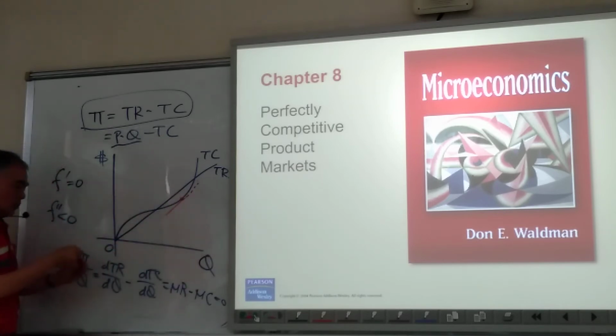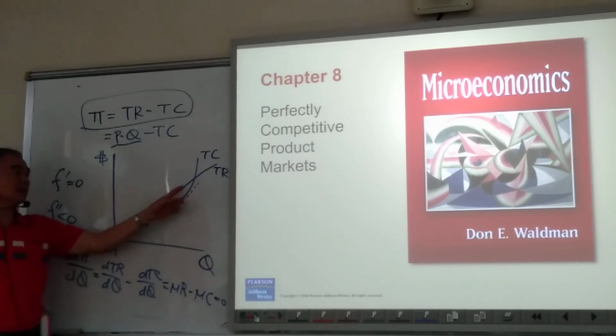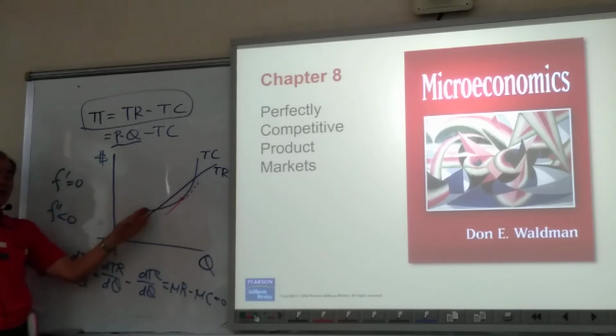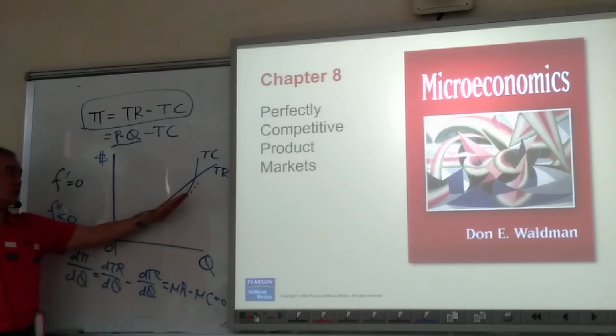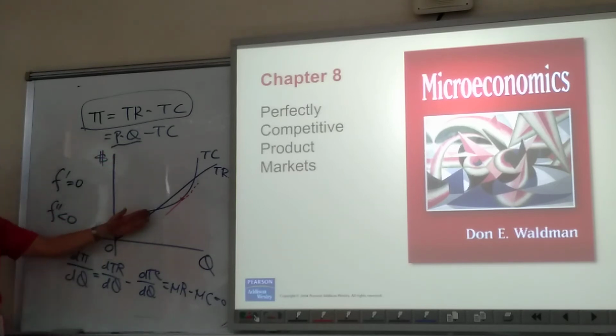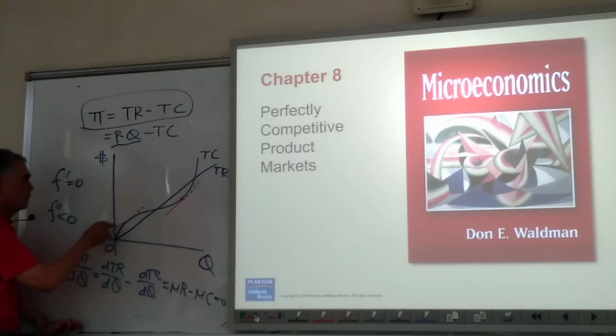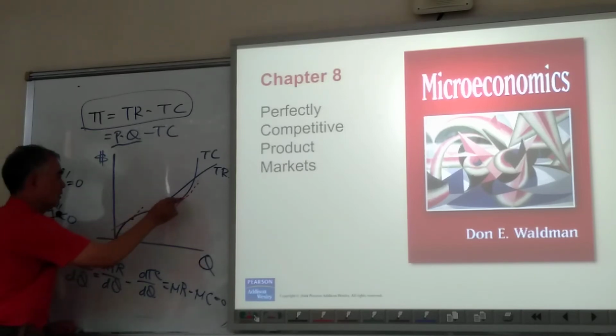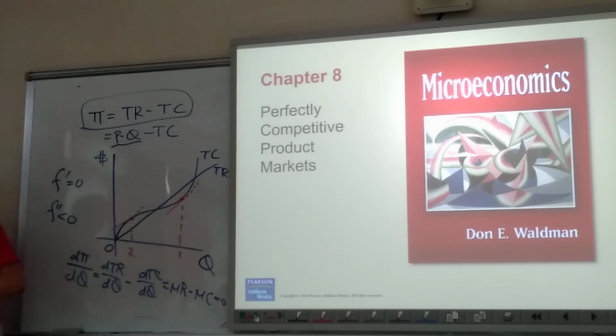The slope of the tangent to the total cost curve is marginal cost, just like the slope of the tangent to the total product curve is marginal product. And here you get one point, and here you get another one. So here it is point 1, here is point 2.